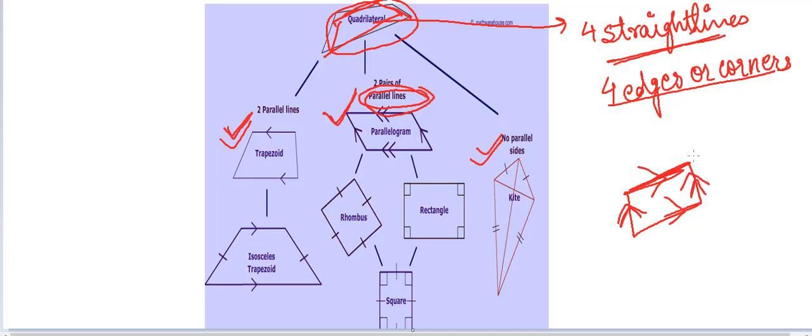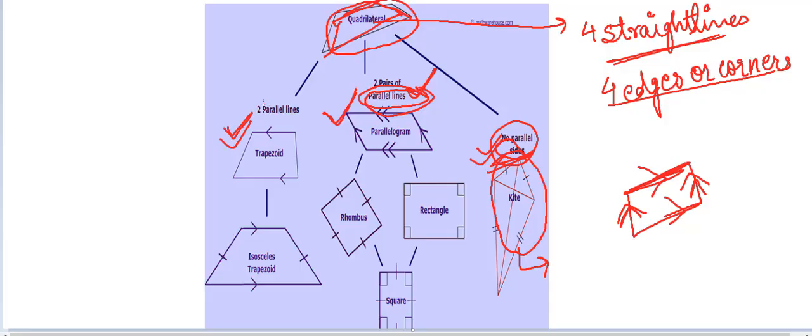If two pairs of parallel sides are there, then it is known as a parallelogram. That is, it has parallel sides but in pairs. The last one is kite. Kite just looks like a kite. It has no parallel side. If there is no parallel side, then that shape is known as a kite.